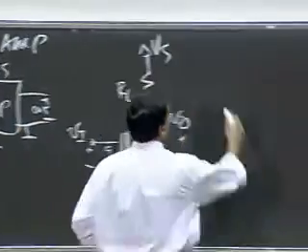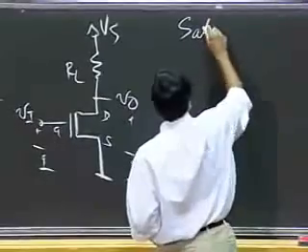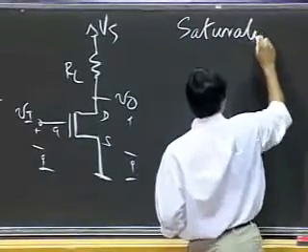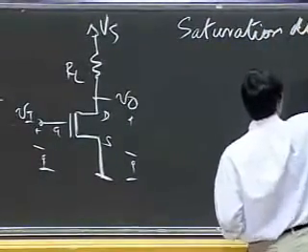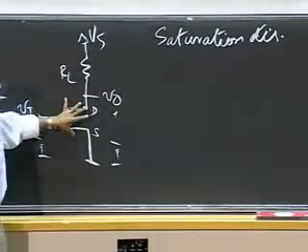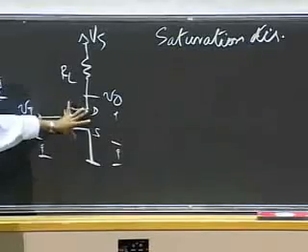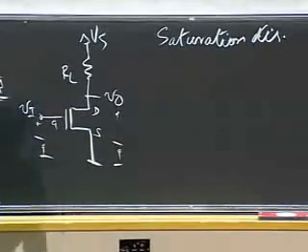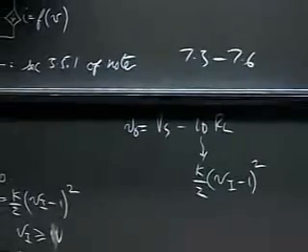So what I'm saying is that for amplification, let's follow the saturation discipline. The reason is that if this behaves like a current source, I've shown you that this expression up here gives you amplification.